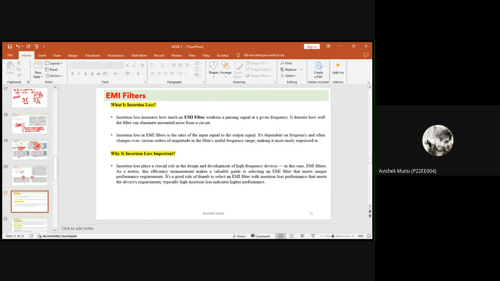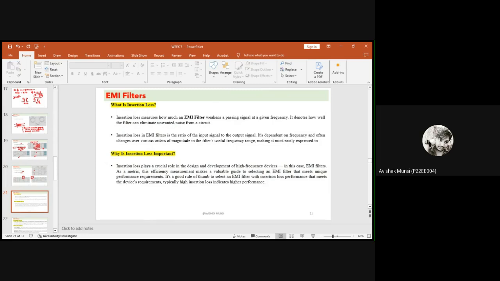So it is dependent on the frequency, and it often changes over various orders of magnitude across the filter's full frequency range, making it most easily expressed in dB. Okay. So if you're changing the frequency level, then the EMI filter insertion loss will change because it depends upon how much the filter can eliminate the noise, right?